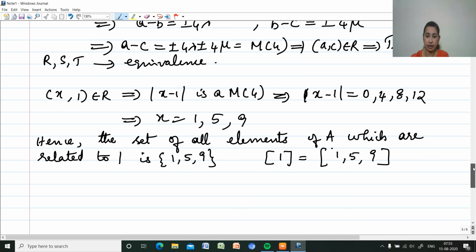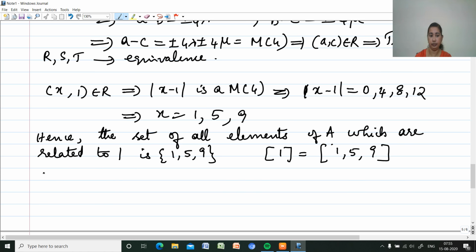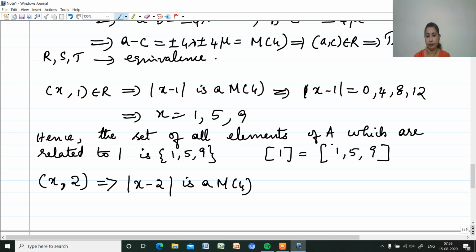Now here it is asked for the equivalence class of 2. So the equivalence class of 2 means we have to find out which all elements are related to 2. So (x, 2) an element of R means can be written as modulus of x minus 2 is a multiple of 4, and we can take the values as 0, 4, 8, 12.